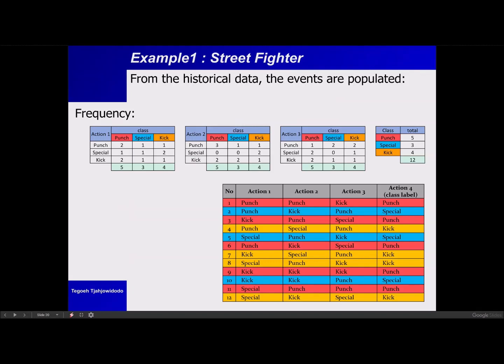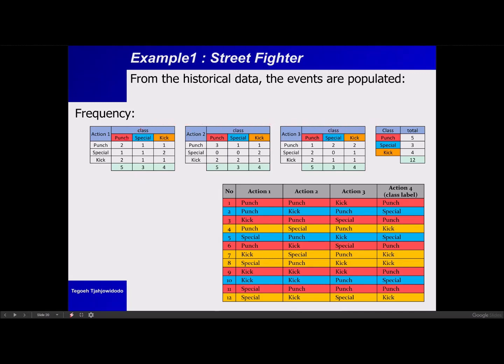I populate all of these actions from the historical data that I have. So this is the historical data that you saw in the previous two slides. And then I make 4 tables like that.